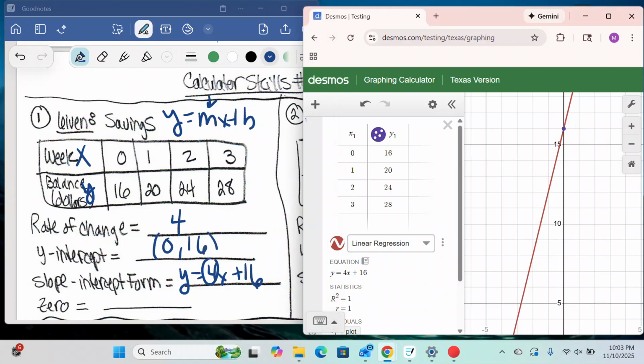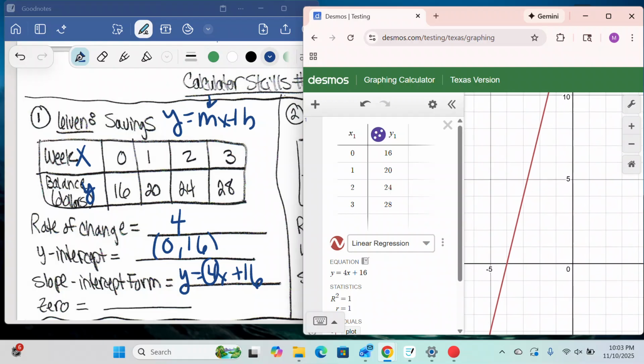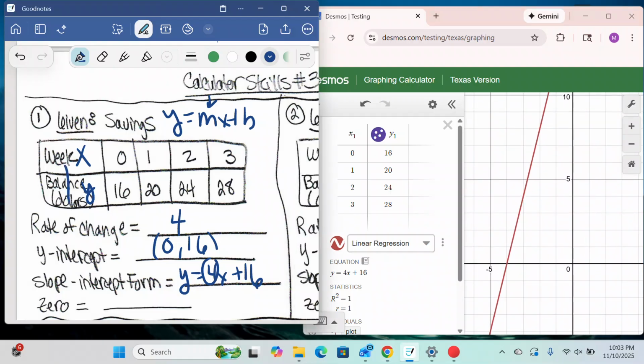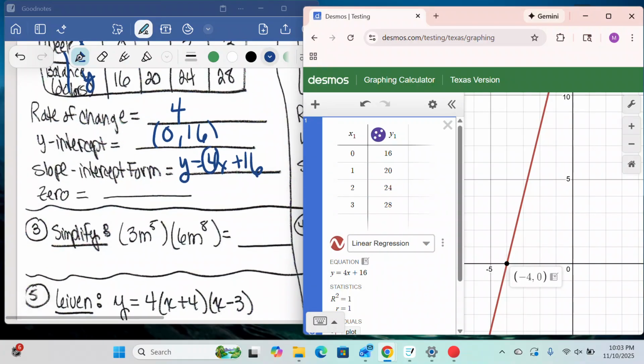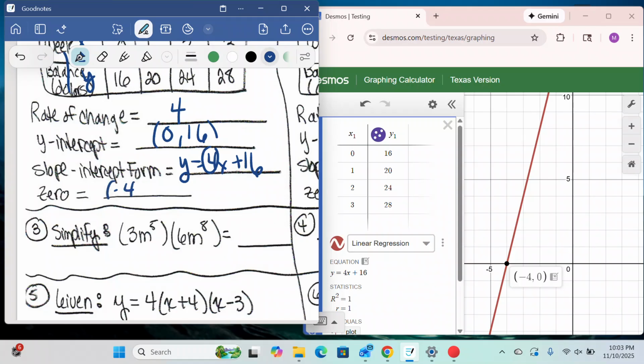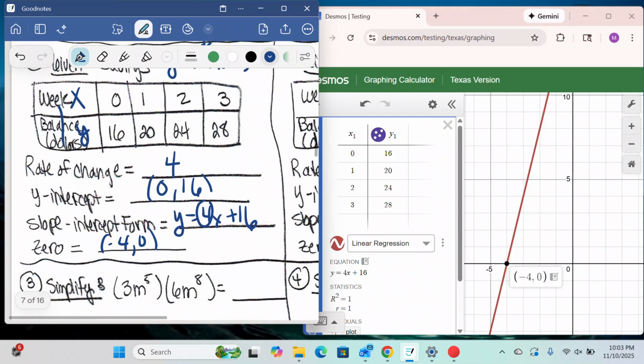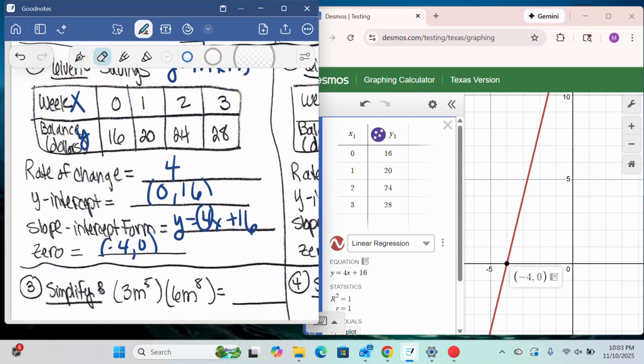Because it crosses right here, I want to take it off and recheck it. It is correct. Now I find my x-intercept, which is my zero. So I'm going to find my x-intercept, which is -4, 0, and input -4, 0. So with this table, the rate of change is 4, which means it increases by 4.